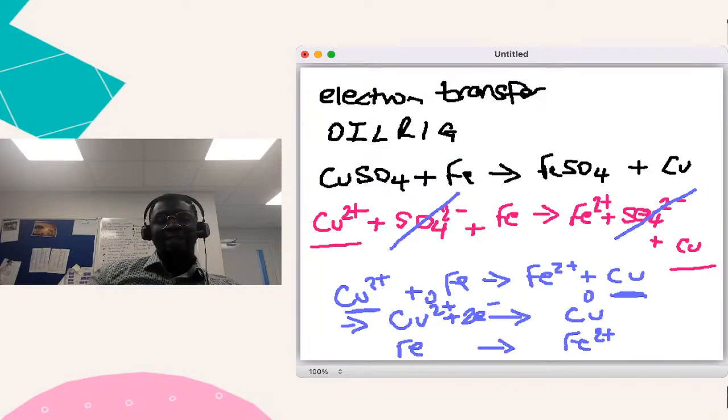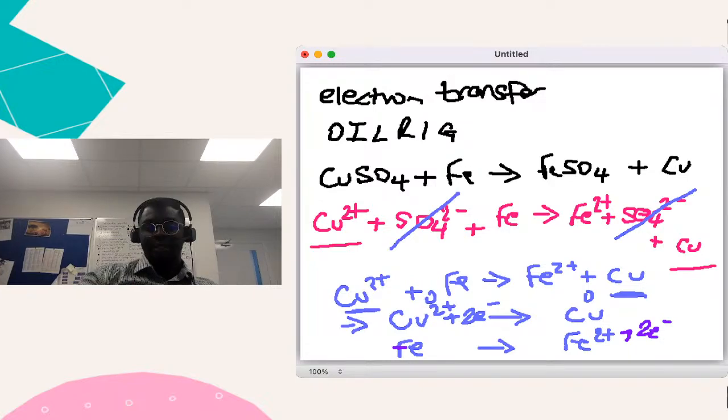So now that's balanced. And I can do the same thing with iron. So iron's got a charge of 2 plus on the right-hand side and nothing on the left-hand side. So what I can do is I can add 2 electrons to the right-hand side. And now the charge on both sides is 0. And that's essentially how I've achieved balancing.